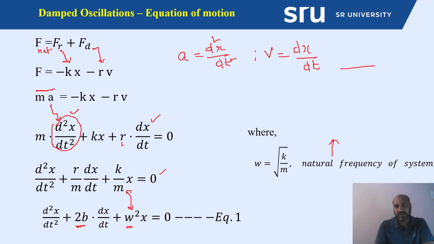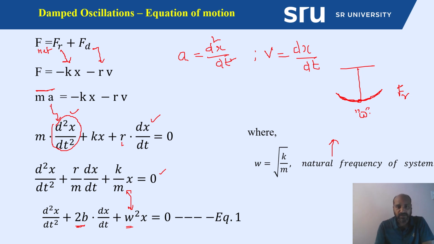If these oscillations are only due to the restoring force, some frequency will be there for these oscillations. We say that frequency is the natural frequency. Natural in the sense that no external influence is there. The oscillations are only due to itself. So that's why it is natural frequency.